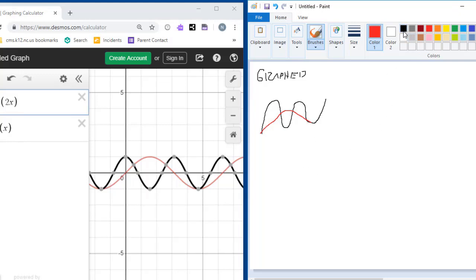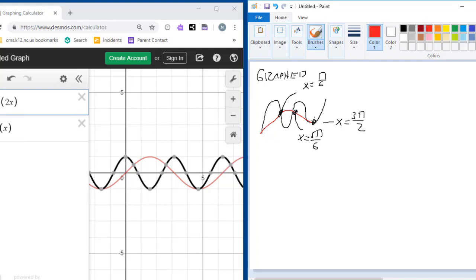And you can say that the points of intersection would be when x equals pi over 6, when x equals 5 pi over 6, and when x equals 3 pi over 2.